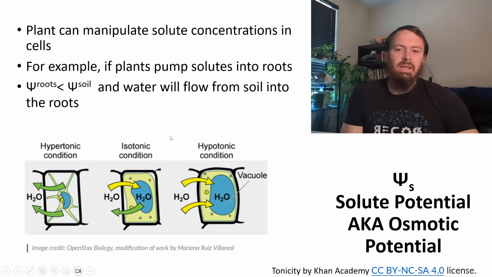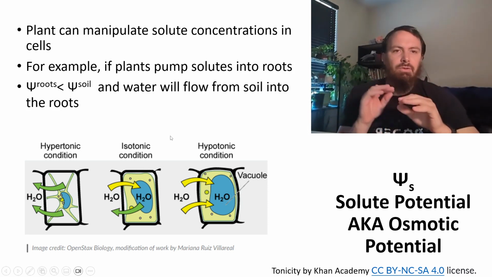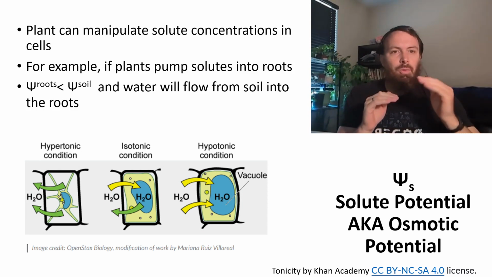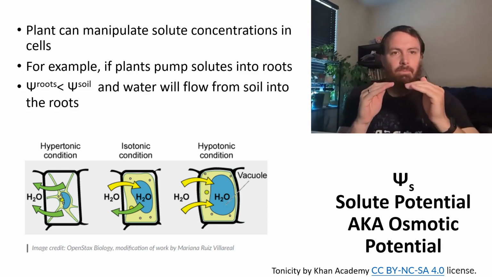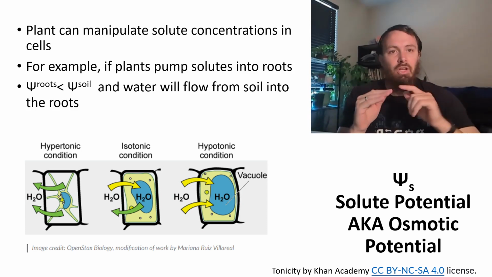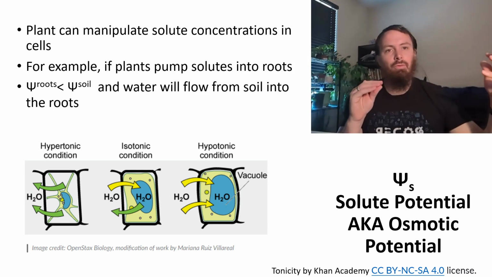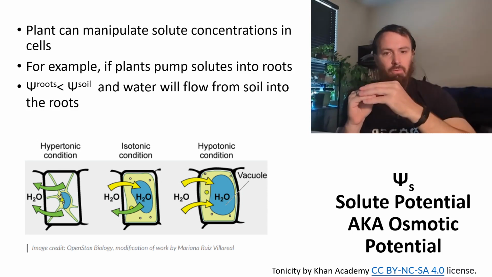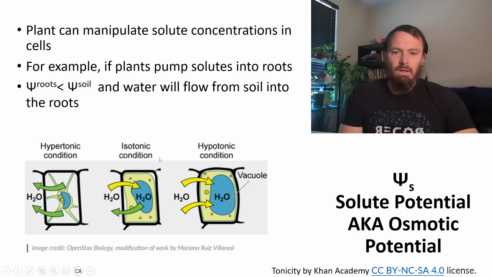So let's say you have a plant that has roots in the soil, and it wants to draw water in. But maybe the water potential of the soil and the root are the same. In that case, water wouldn't move into the plant. But say the plant needs some water. It could pump solutes into the roots, and that root would then have a lower water potential, and water would move from the soil into the root, right?